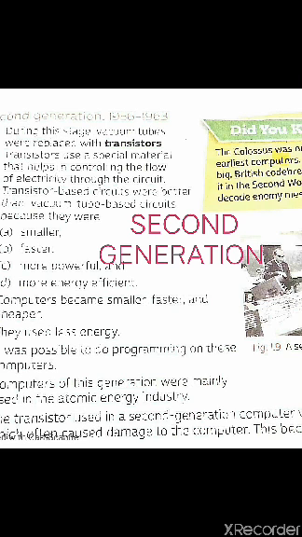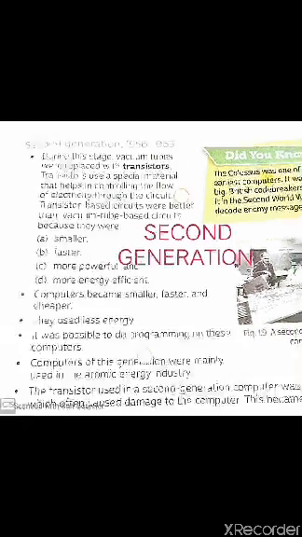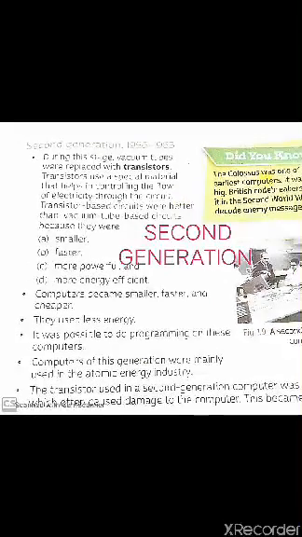It was possible to do programming on this computer. Computers during this stage were mainly used in the atomic energy industry. So, second generation computers were smaller, faster and cheaper. You can go through your textbook and read all about second generation.